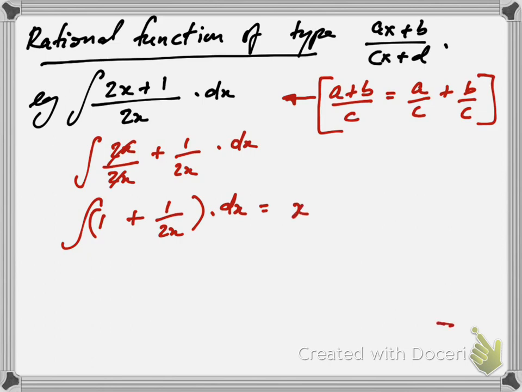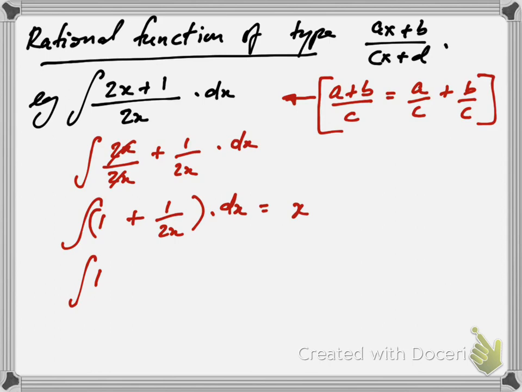If you integrate 1 over 2x, now if you remember, integrating 1 over x gives you ln of x. So if you integrate 1 over 2x, you adjust. You can just take the half out, and that's a constant.